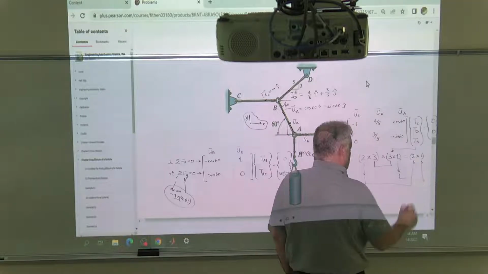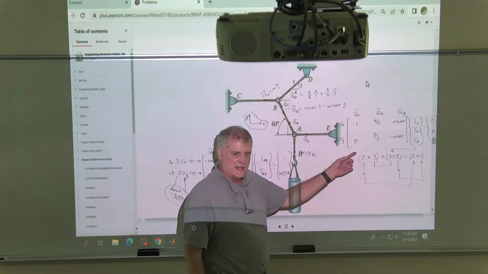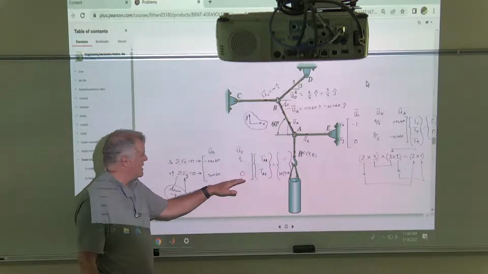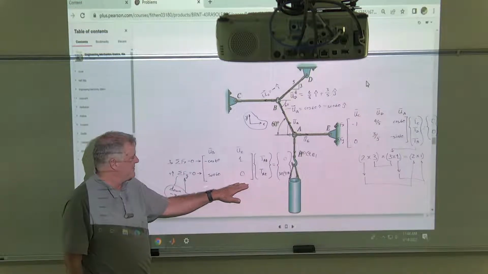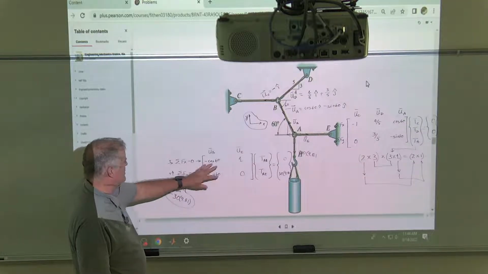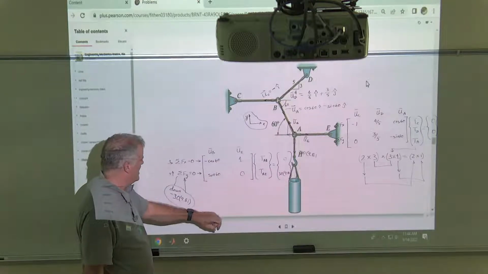That's matrix multiplication. What do you do here? Any idea? What will you get from here? So what you get here, you can solve this one easier than going in, but I'm going to do it in a matrix form.